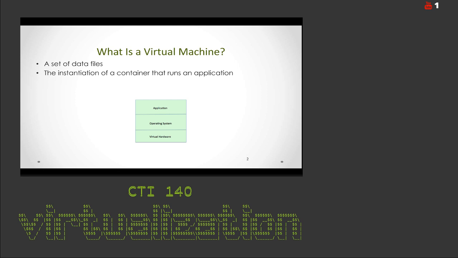So it's the instantiation of a container that runs our application. Instantiation being the instance, or that particular machine that's running our application, whatever that may be, whether it's an operating system, a virtual application, or what have you. So we're defining a virtual machine in that sort of way.